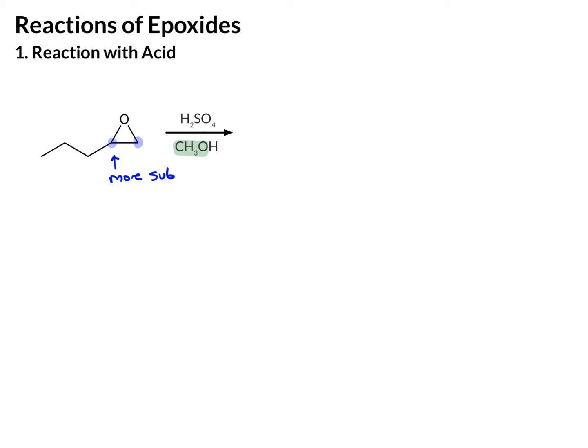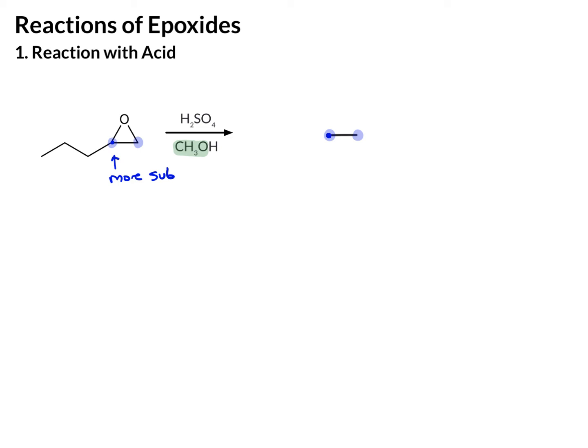So just to draw the product, I'm just going to start with where the epoxide was. Here's those two carbons that I've highlighted in blue. And I'll even put an extra dot on the one where the nucleophile will add, this one right here.